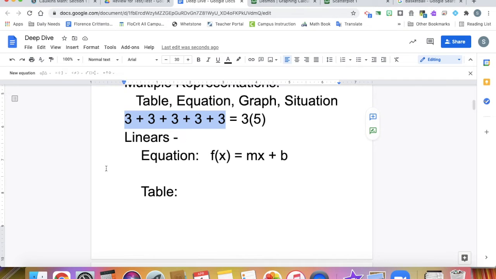Since you're adding the same amount on each time, or you could be subtracting it if it's negative, when it's the same amount each time that gets added or subtracted on, it means it's growing by a consistent amount.